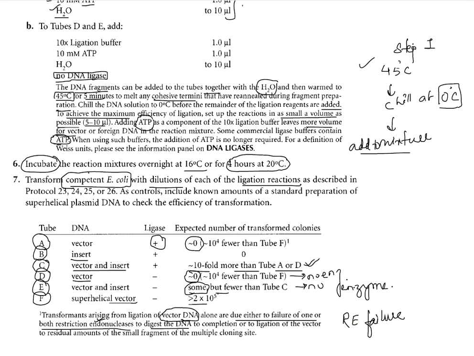It might be incompletely digested, or there is a chance of ligation of the vector to a very small residual amount of a small fragment of the multiple cloning site. A very small fragment has been ligated to the vector DNA instead of the whole foreign DNA, which will also produce some colonies.